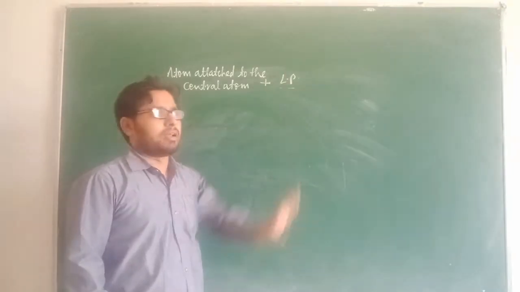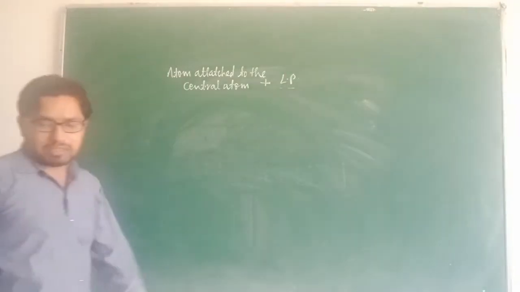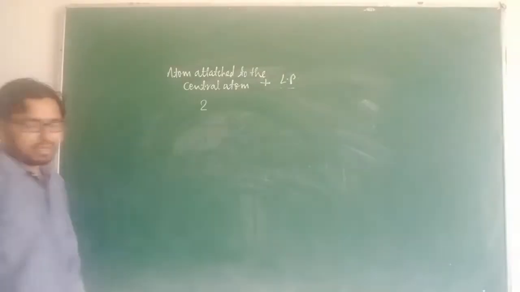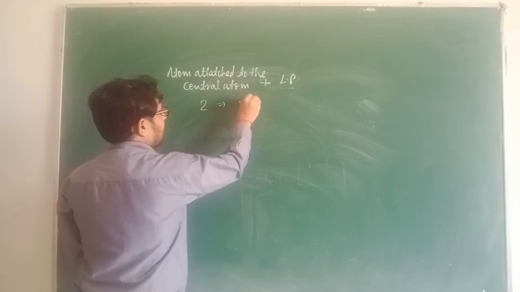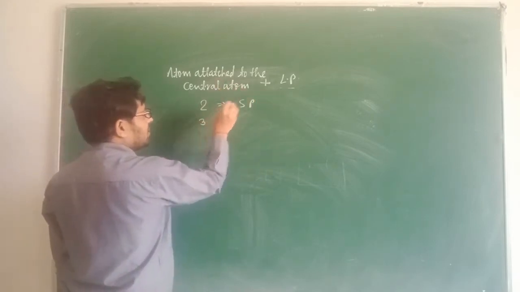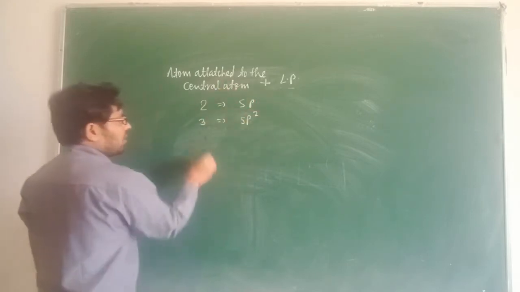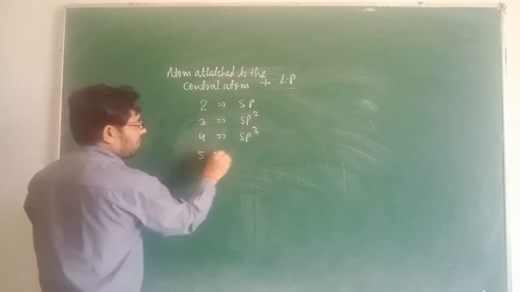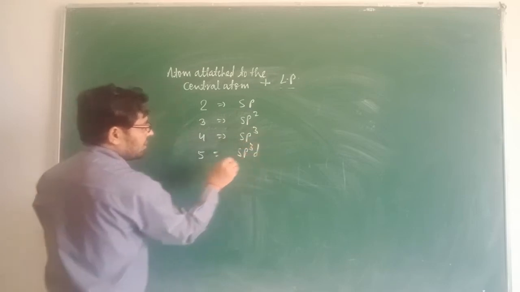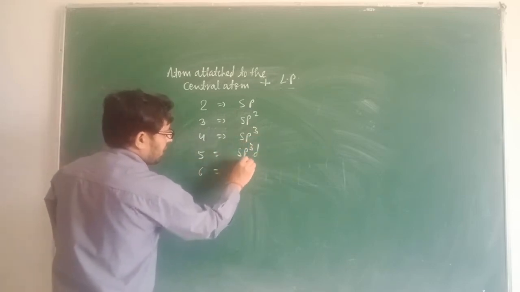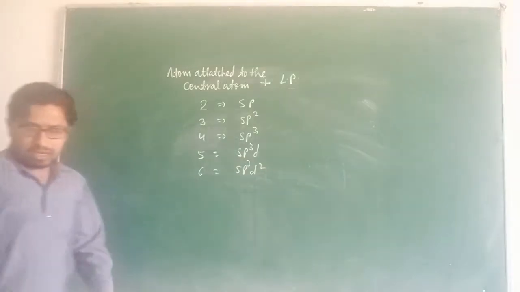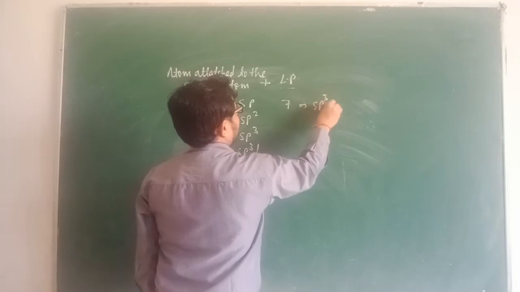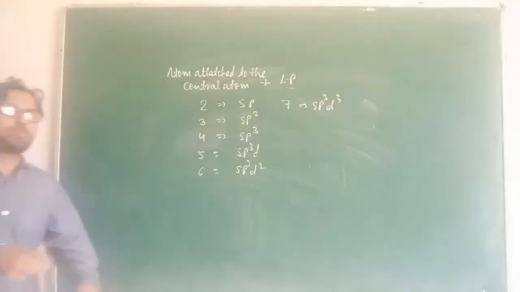If by adding these two the sum is 2, the hybridization is sp. If 3, it is sp2. If 4, it is sp3. If 5, it is sp3d. If 6, it is sp3d2. If 7, it is sp3d3. This is the way to find out the hybridization.